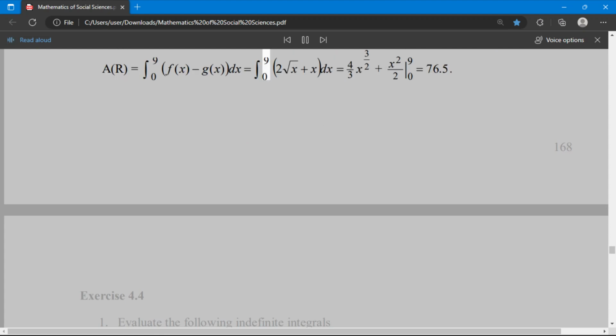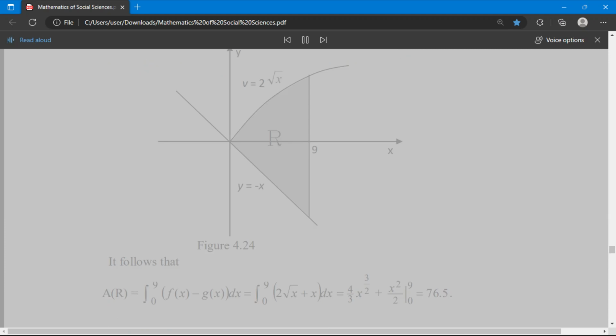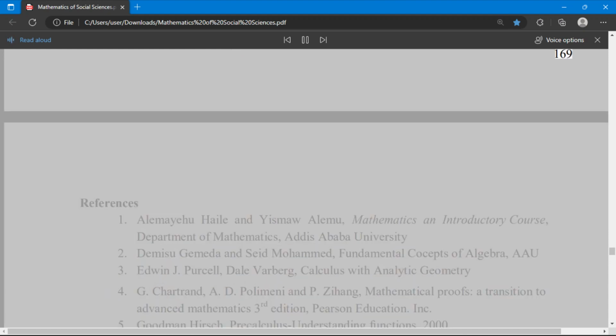It follows that A(R) is the integral from 0 to 9 of (f(x) − g(x)) dx, which is the integral of (2√x − x) dx.